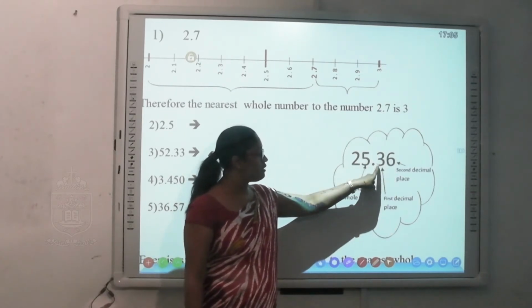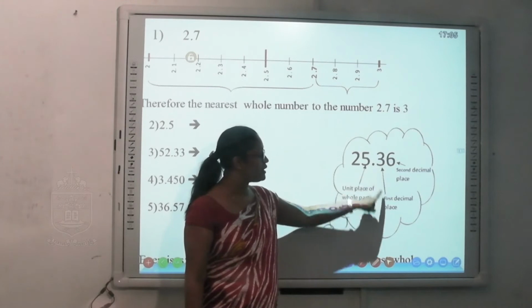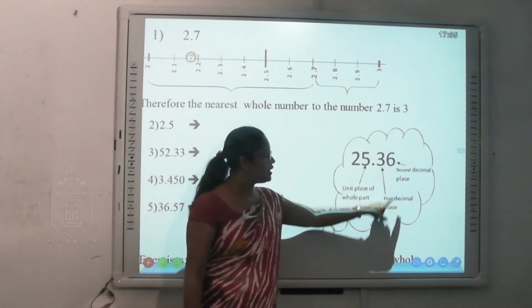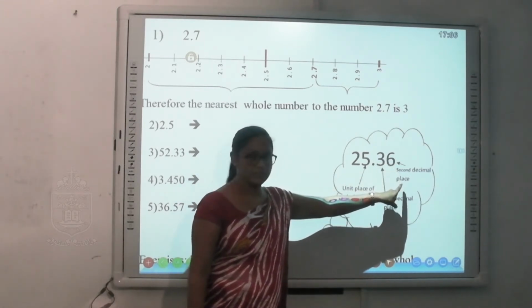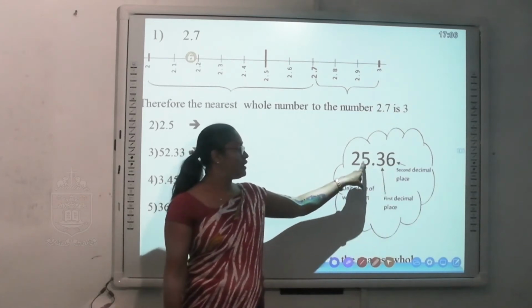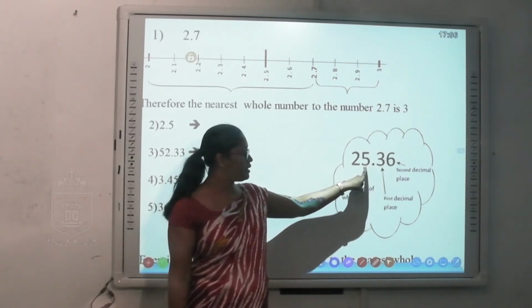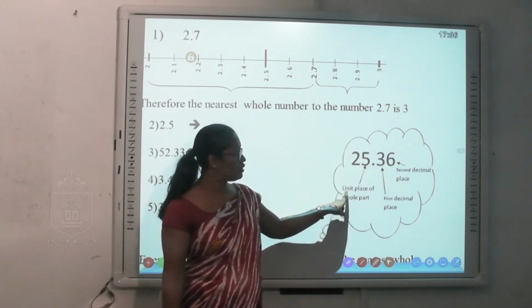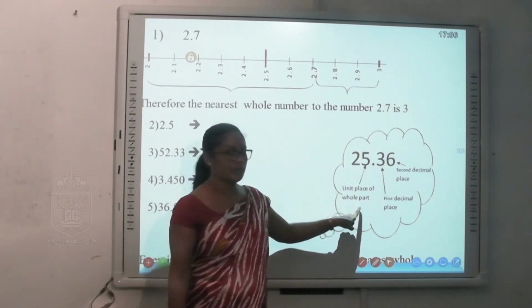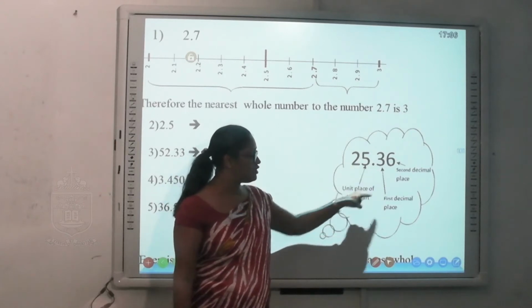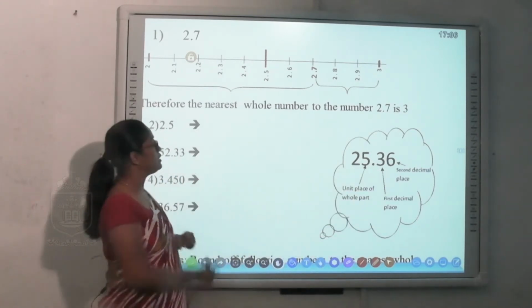The first number you see after the decimal point is called the first decimal place, and this is called the second decimal place. Here the number 5, which is in front of the decimal point, is called the unit place of the whole number part. So keep these things in your mind. We will move to the lesson.